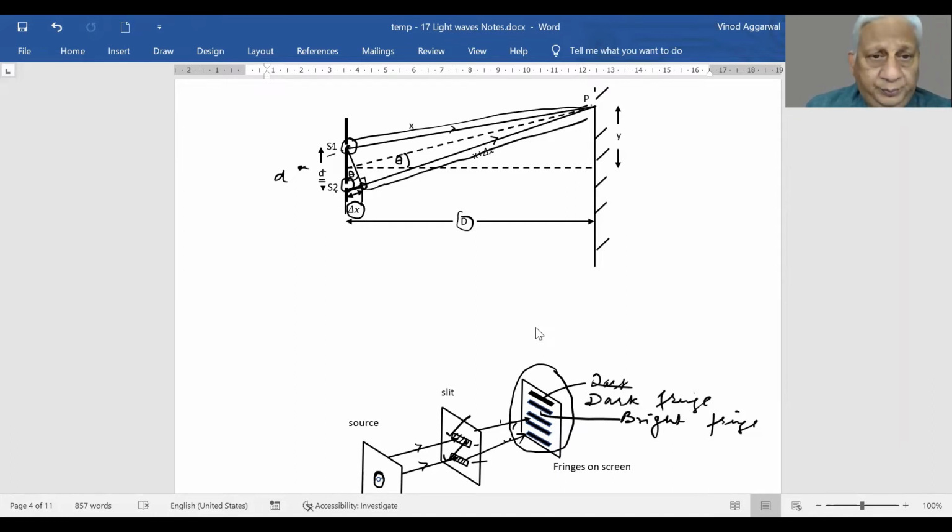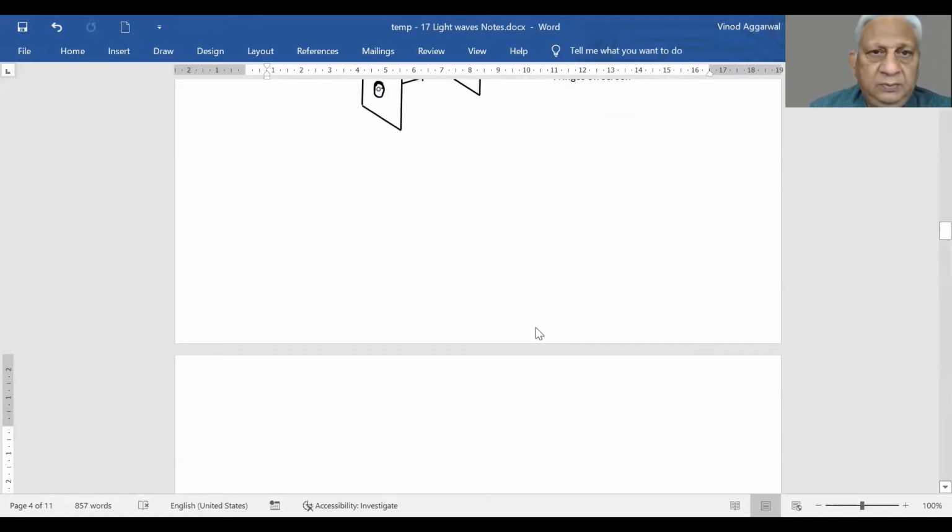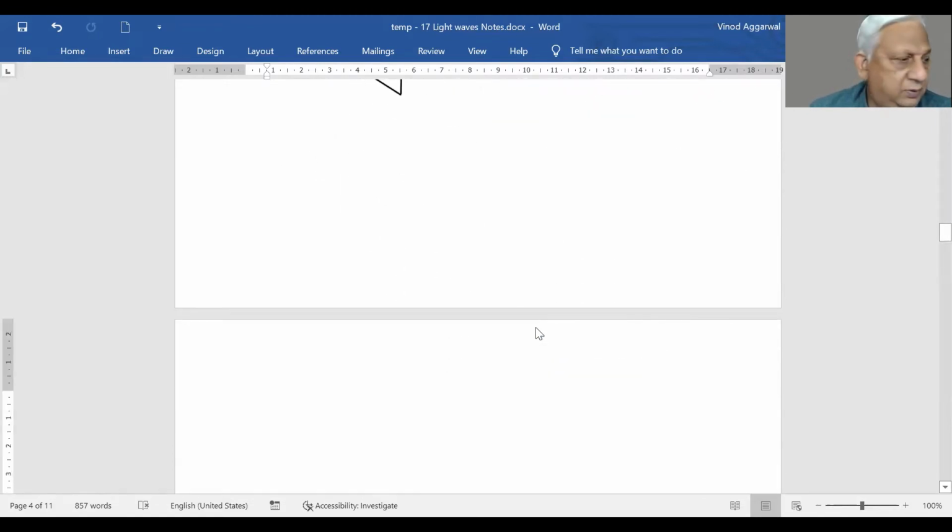Now, if we write our equations for waves, let us say one wave from slit 1. The electric field E1 is defined as, okay.